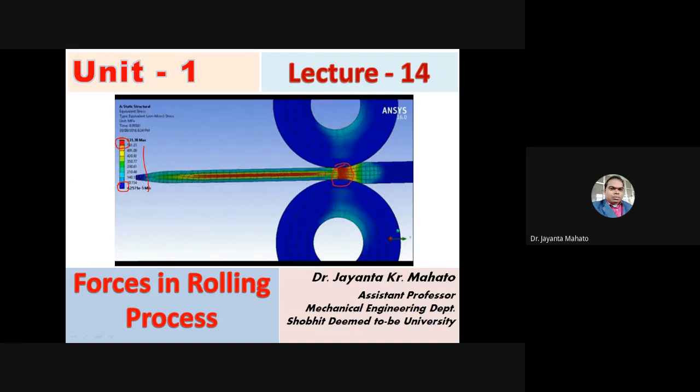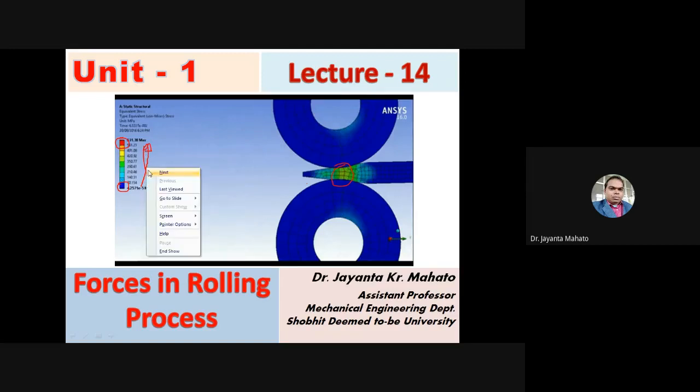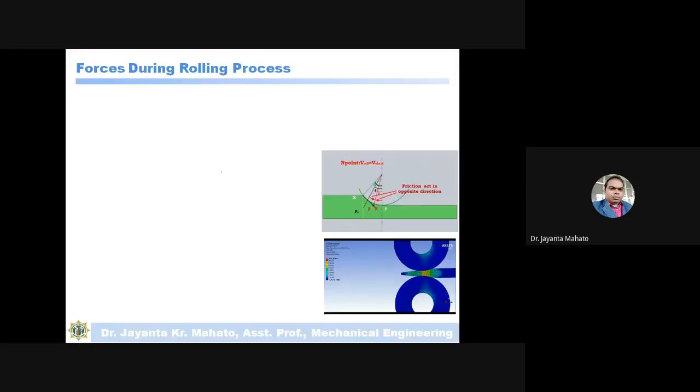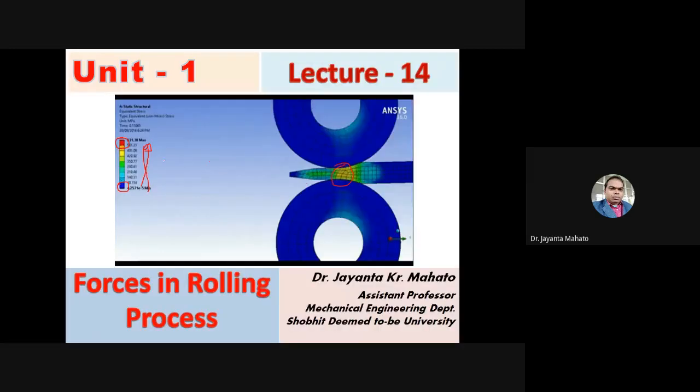So this is the increasing order according to the color. Okay. So in the contact zone, the color is red. That means in the contact zone more force or stress is required to deform the material. Or at that zone, the stress is more.